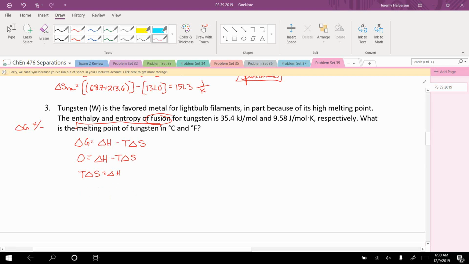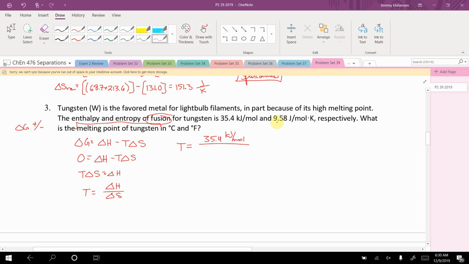But in this case, we're not solving for delta S, we're solving for T, which gives us delta H over delta S. And delta H for what process? Well, for melting. And they give us enthalpy and entropy of fusion. So my temperature is going to be my enthalpy of fusion over my entropy of fusion.